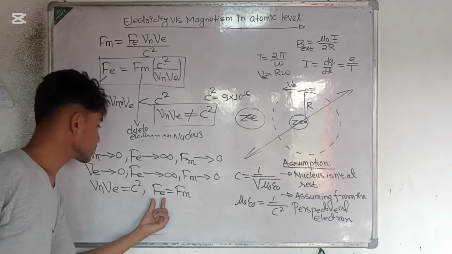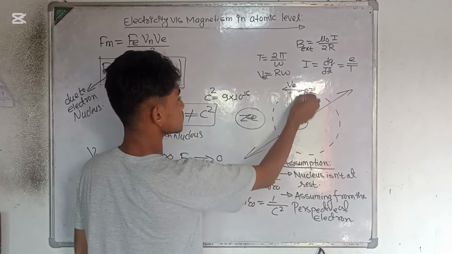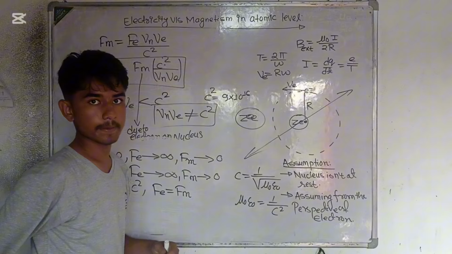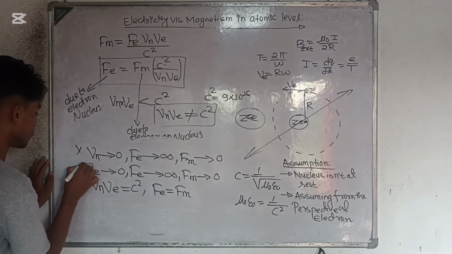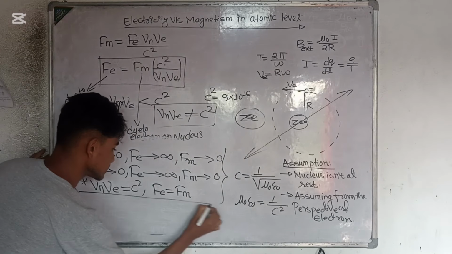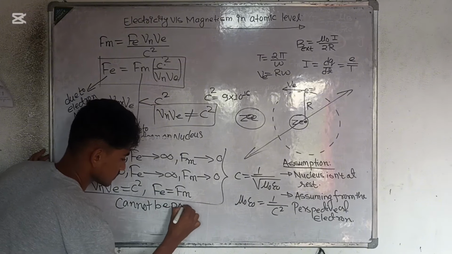The electrostatic attraction between these two charged particles would be the same as the magnetic force produced by this. So all these three cases cannot be possible. This cannot be possible.